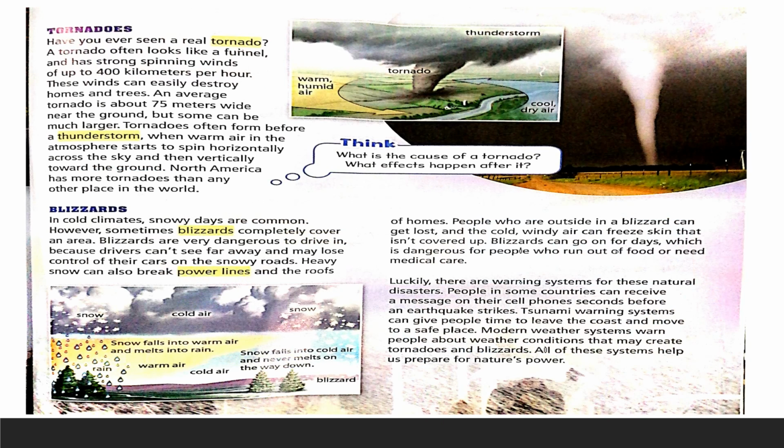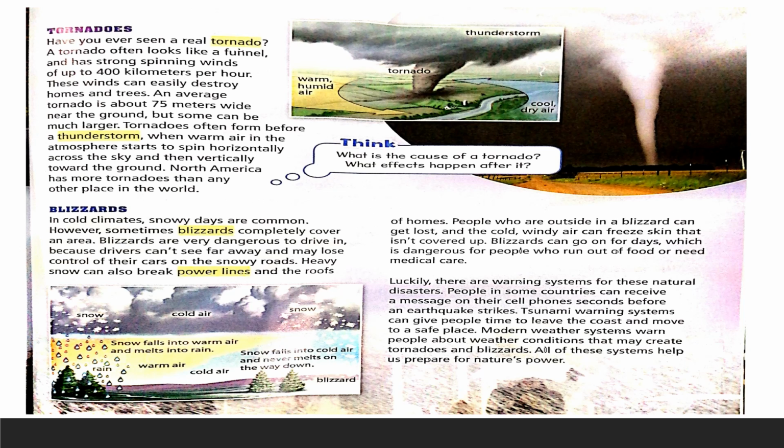People who are outside in a blizzard can get lost, and the cold, windy air can freeze skin that isn't covered up. Blizzards can go on for days, which is dangerous for people who run out of food or need medical care.